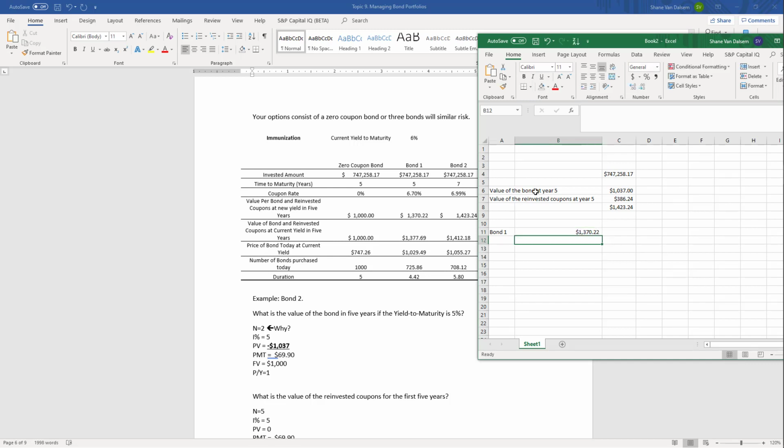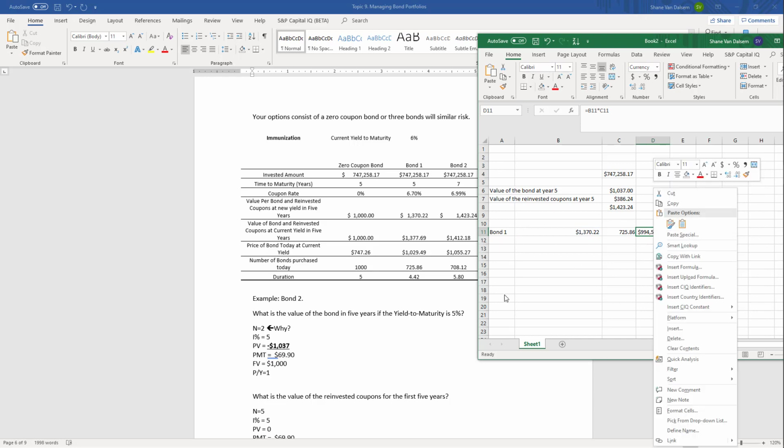The number of bonds purchased today would be 725.86. And so the total payoff would be $994,587.89.